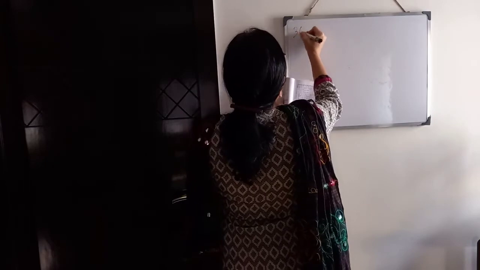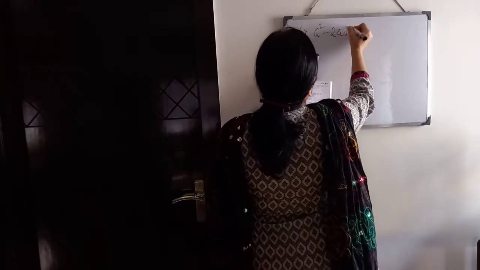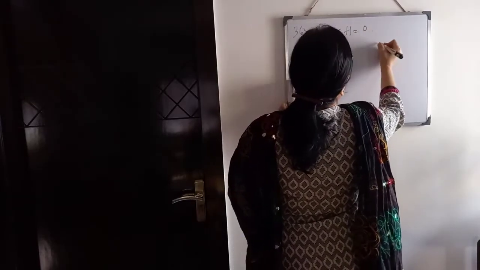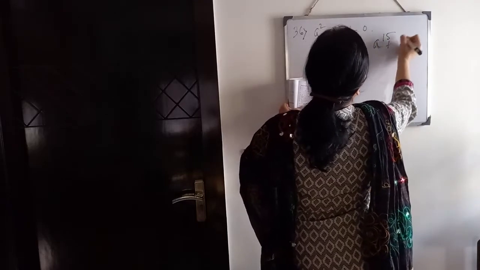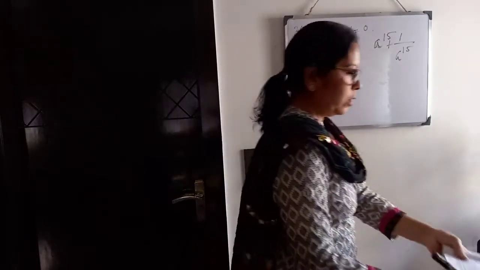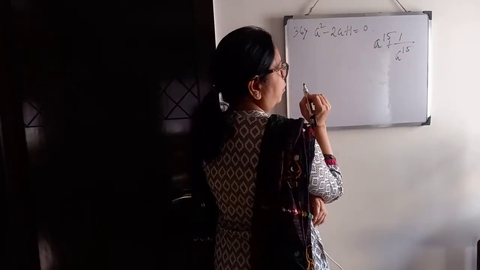Next one may come in the form of an SAQ. In the exam: a square minus 2a plus 1 equals 0 is given. Find the value of a to the power 15 plus 1 by a to the power 15. First, from what is given, we will find the value of a.